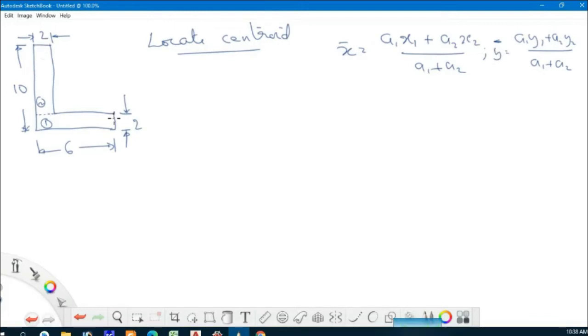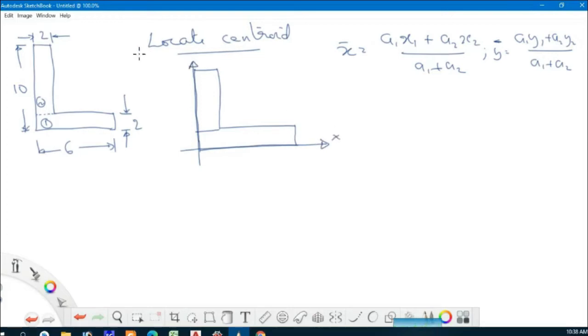Now if you divide this into two parts, it will be like this one. And we will put the reference axis like this.